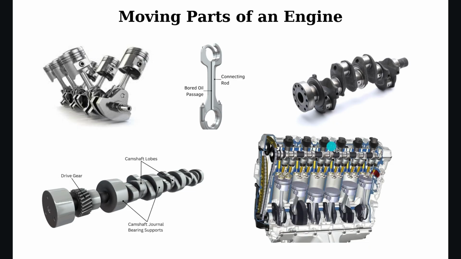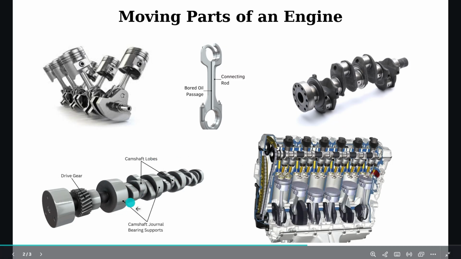This rotation is what ultimately moves the wheels of a vehicle. So we can say that the crankshaft is responsible for producing usable motion from the piston's movement. Without the crankshaft, the engine couldn't produce rotation.